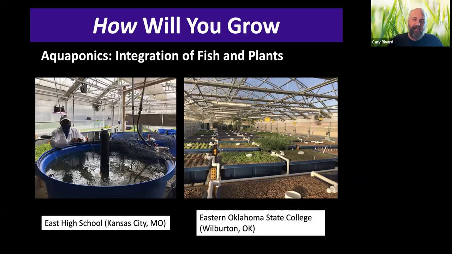So that means you need to have some type of very reliable heating system to make sure those poor fishies don't freeze in the wintertime if something bad happens. It also means you need to think about how you're going to keep them cool during the summer. The greenhouse, you can shut it down and take the tomatoes out for a few weeks during the hot part of the season, but you don't want to move that whole tank of fish, right? And so you need to think about where you're going to put those, where you have space for them, and if you need to provide a secondary shelter for them.